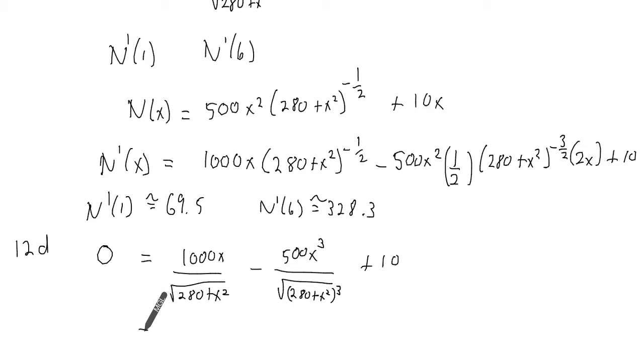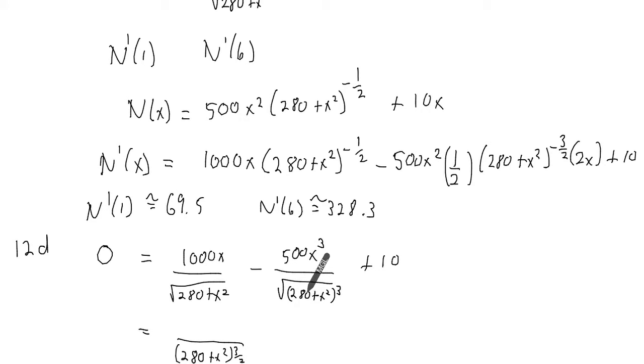But what I can do is I can look and see that the only time this number is negative, I'm going to group these two together. Now I'm going to make a common denominator of this. So my common denominator will be 280 plus x squared to the power of 3 over 2.